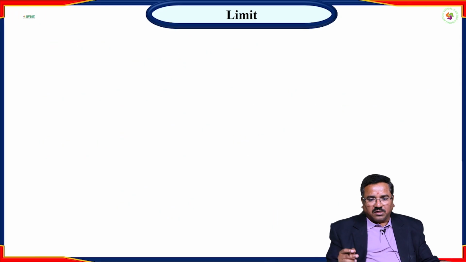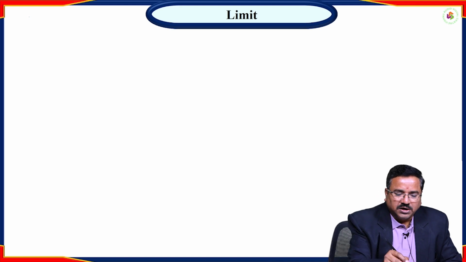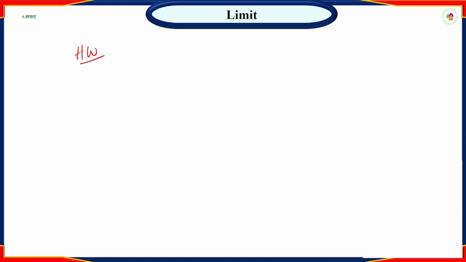We will give the practice problems. You can write them down as practice or homework problems. Just practice them. First one: limit x tends to 0, y tends to 0, of x minus y by x square plus y square.